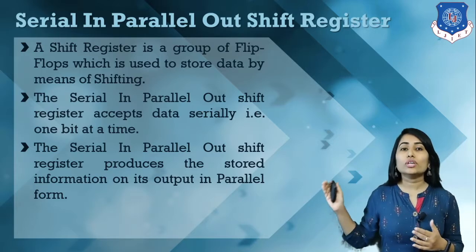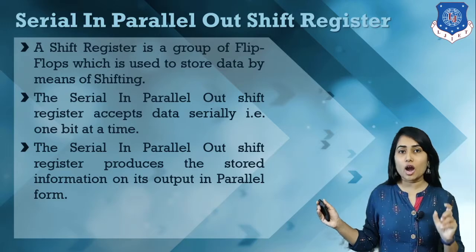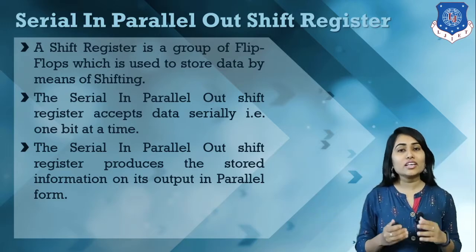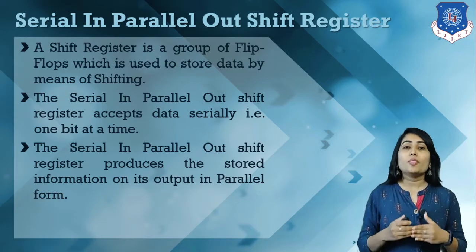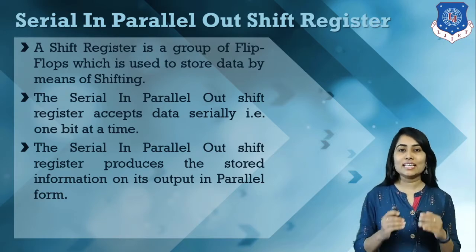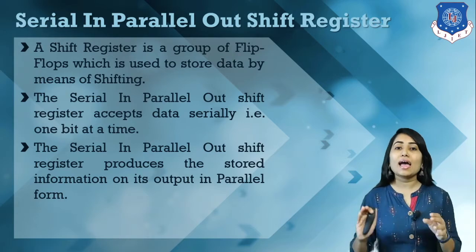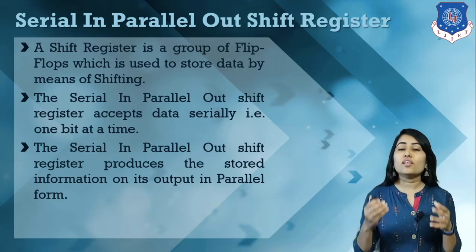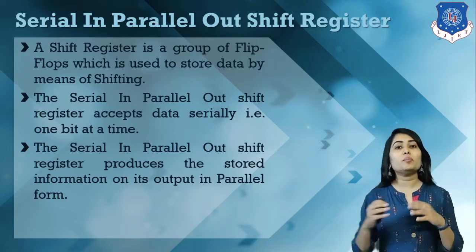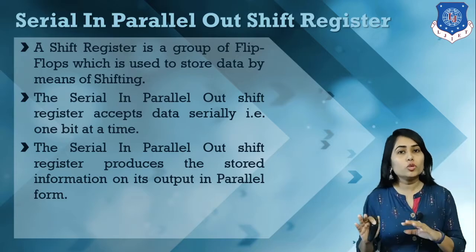In this serial in, parallel out shift register, our data is stored and shifted, and at the output side our data is present in parallel. That means all bits are present at the output side.